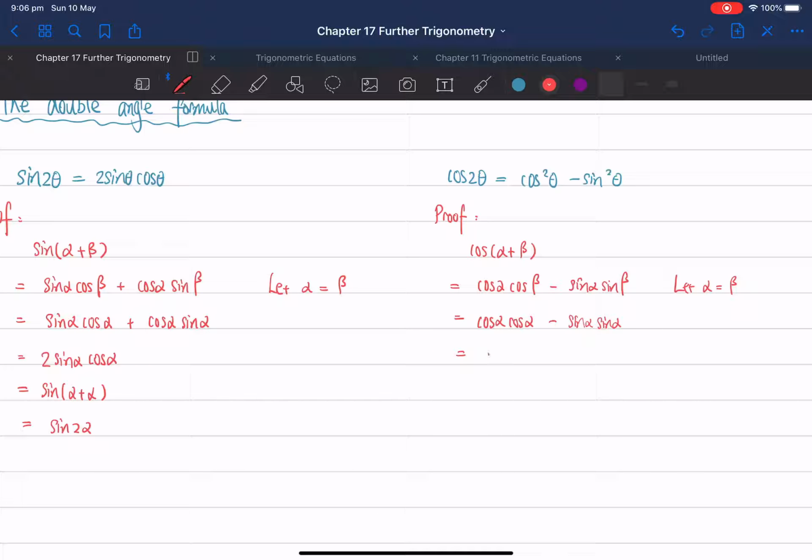So we'll have squares: cosine square alpha minus sine square alpha, which is equal to cosine 2 alpha.